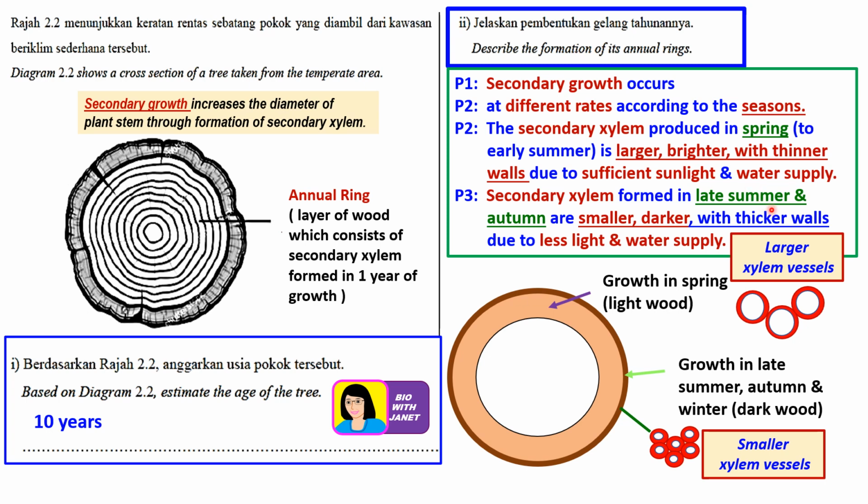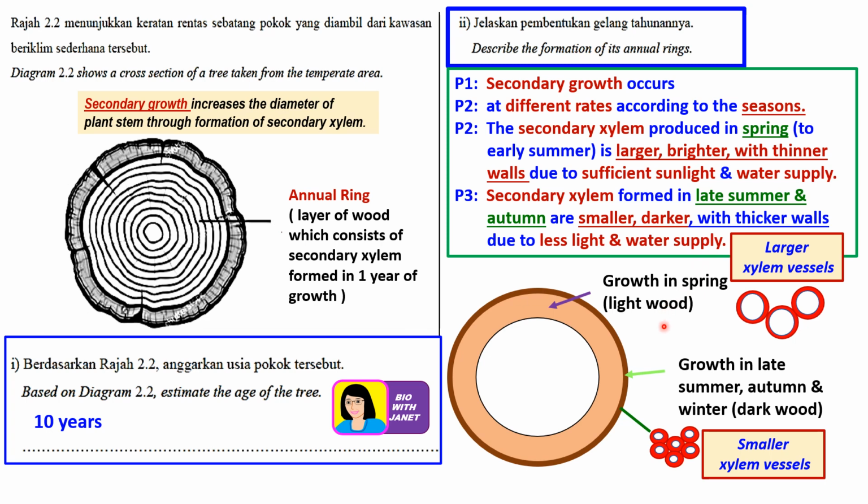Whereas the secondary xylem formed in late summer, autumn, and winter, in winter there's usually no growth, but late summer and autumn are smaller and it has thicker walls, so it is darker. Okay, it looks darker due to the climatic conditions of less light and less water supply.